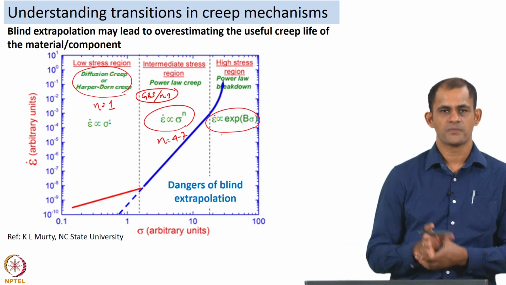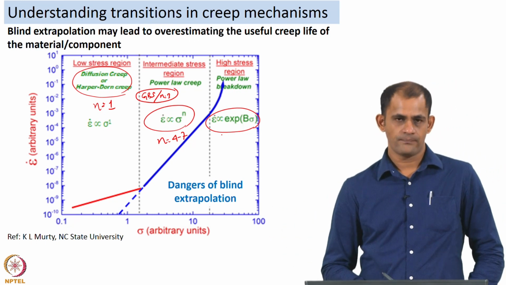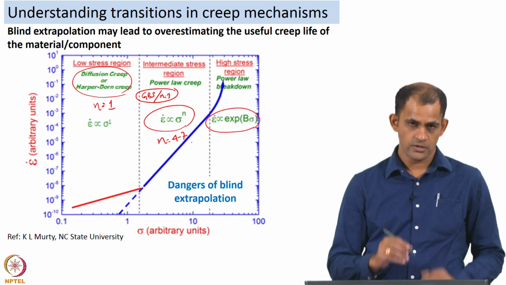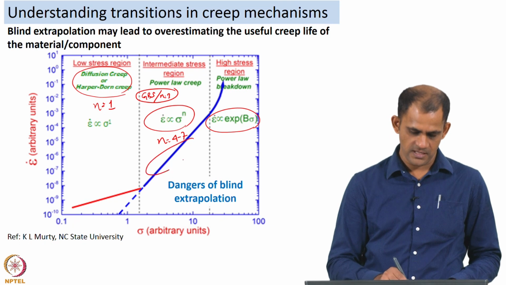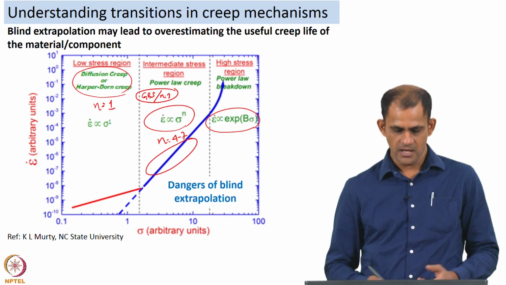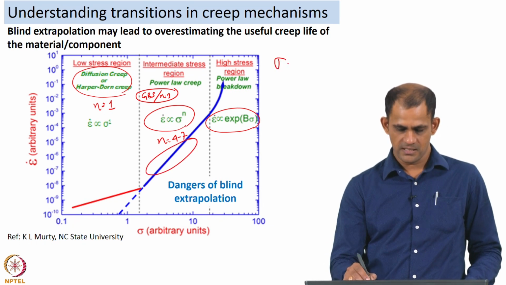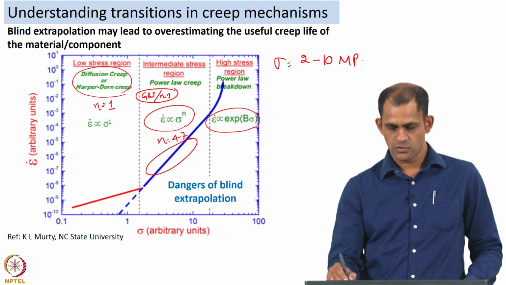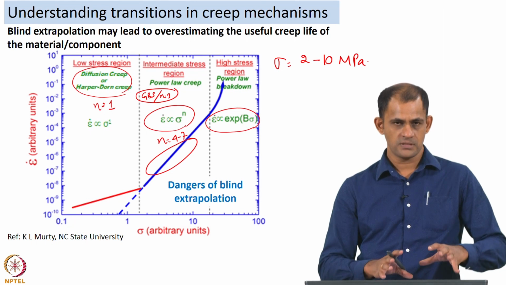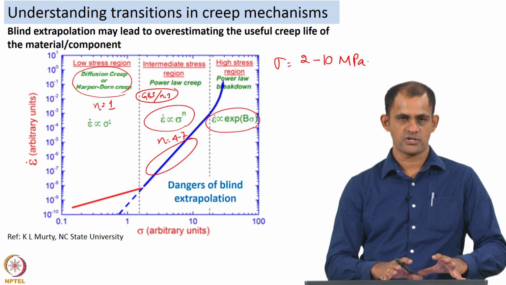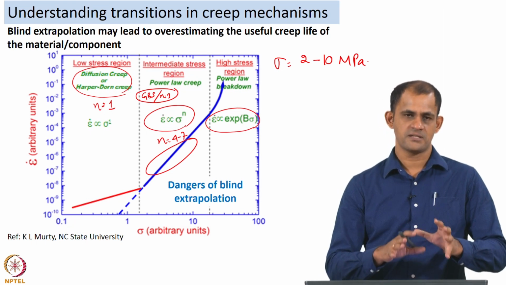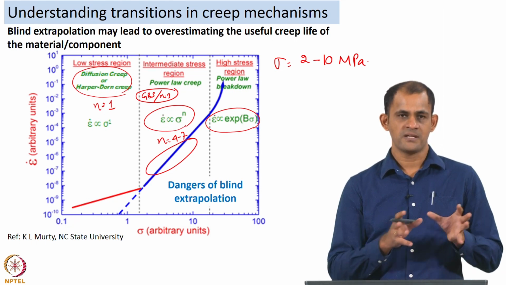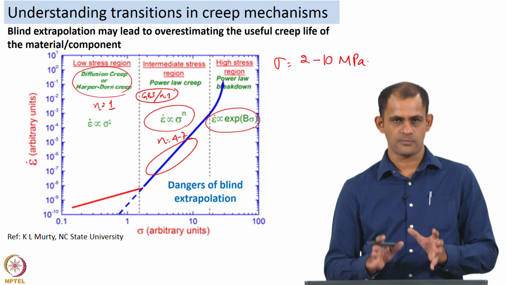As an engineer, you decided to conduct all your creep tests within this stress regime, in the range of sigma equal to 2 to 10 MPa. Let me tell you, this is just for the sake of illustration, this is not real data, just a graph for illustrating the dangers associated with blind extrapolation.